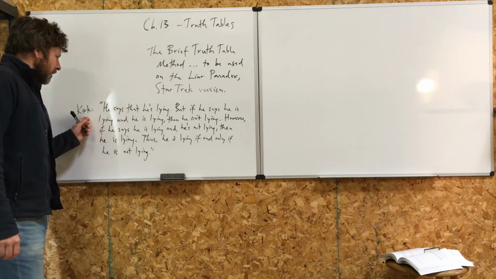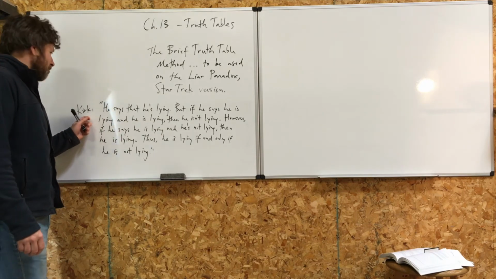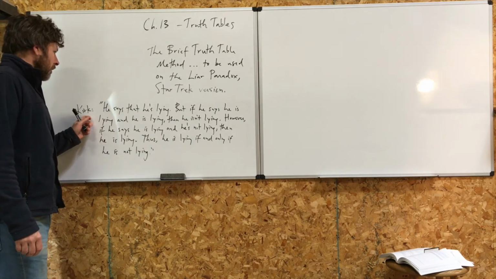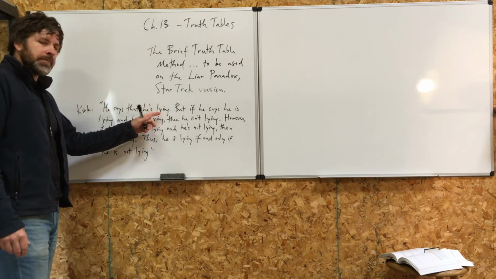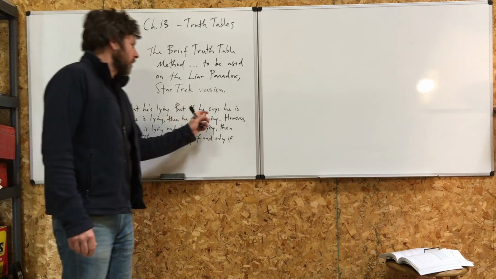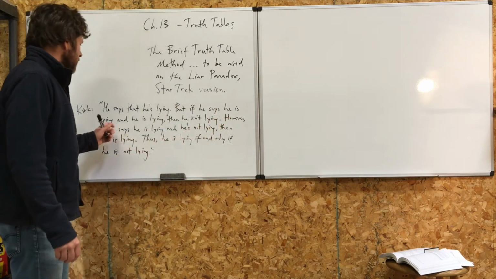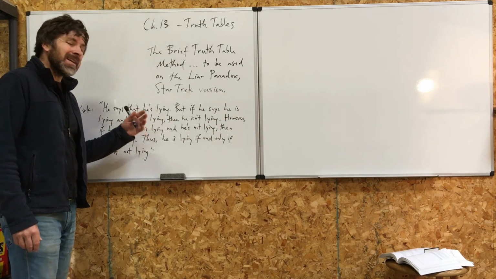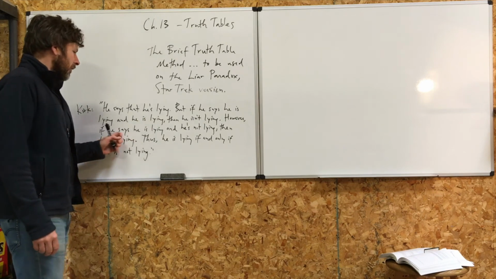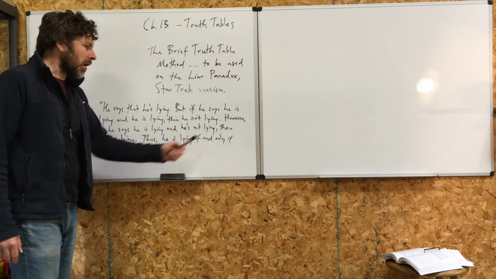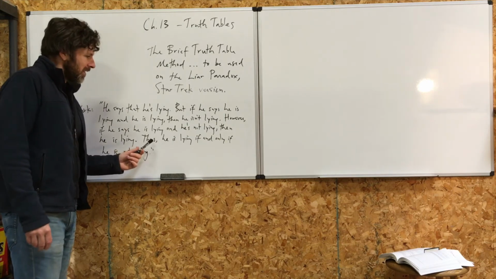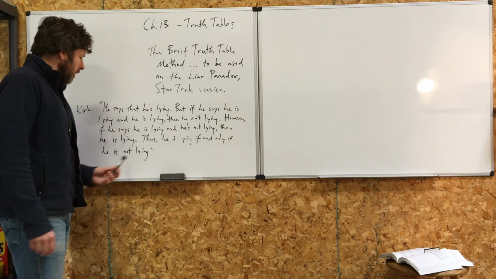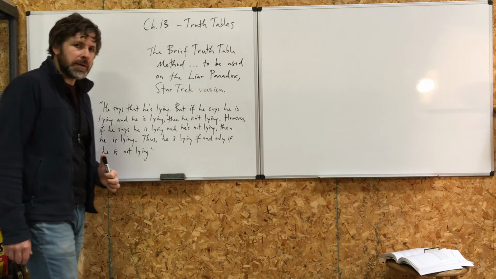Captain Kirk says this to Mr. Spock, with regard to, was it a prisoner or something? I don't know. He says that he's lying, but if he says he is lying and he is lying, then he isn't lying. However, if he says he is lying and he is not lying, then he is lying. Thus, he is lying if and only if he is not lying.